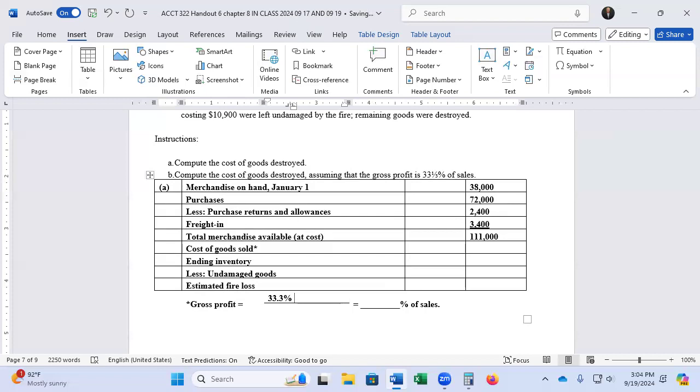And that's above cost. So we have 100% plus 33.3%. And so that's 25% of sales.